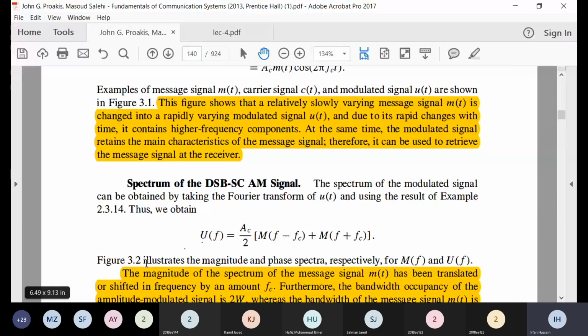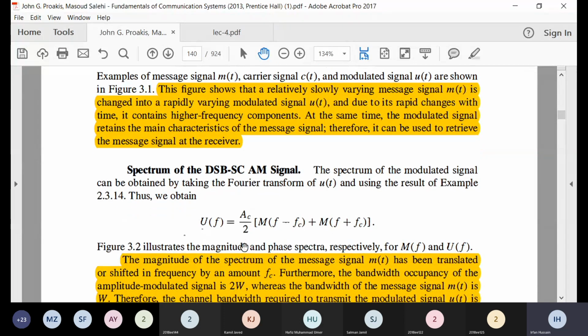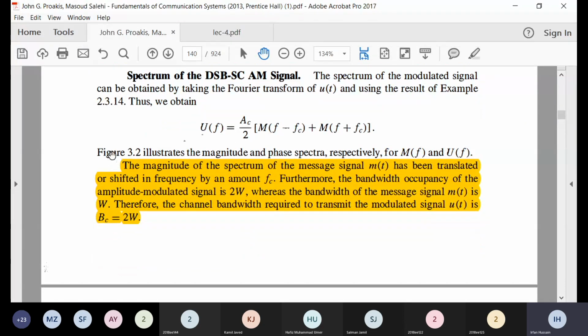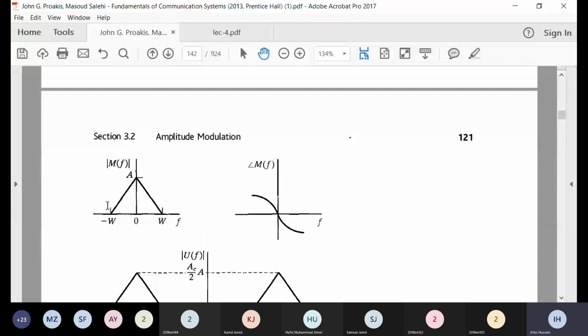Even if someone is not understanding, you can just tell me, so that we will go to this example. All right, so everyone has understood. Now let us go further. We could see that m(t) has been translated by fc, but what has happened? The bandwidth is now 2W, whereas previously its bandwidth was W. This I had emphasized before.